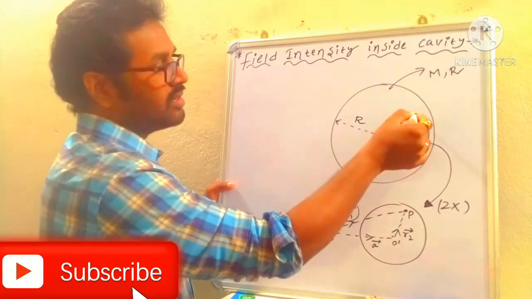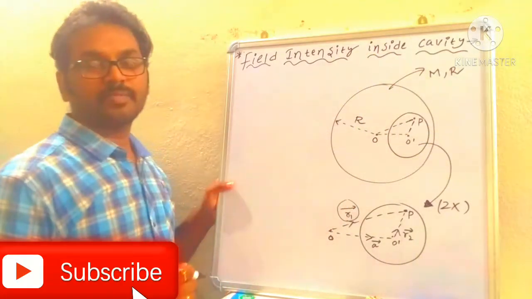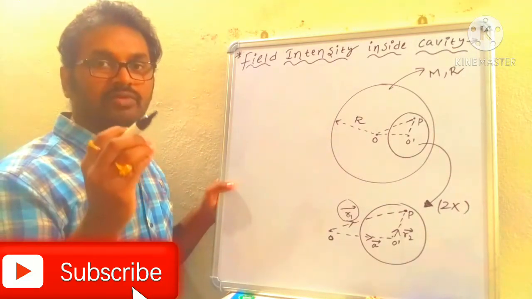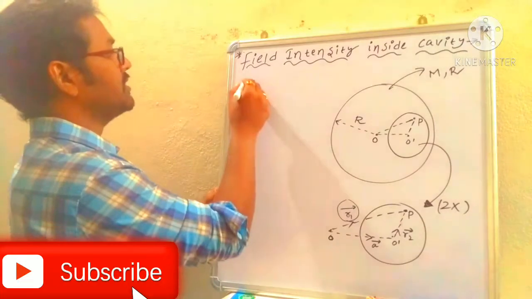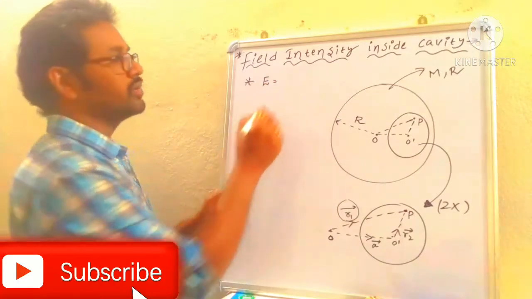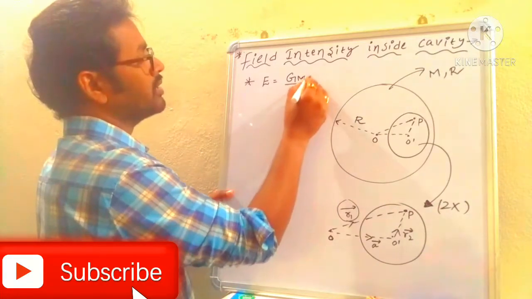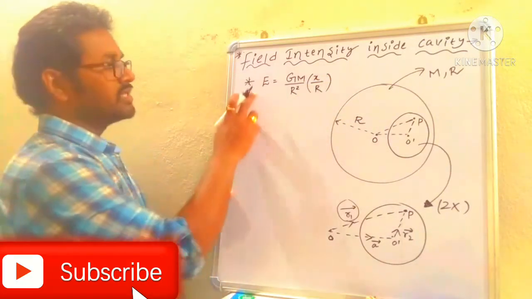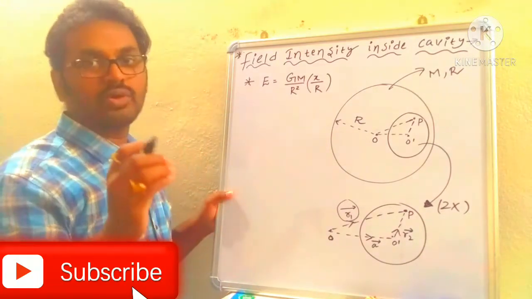Now this point comes as an inside point to this entire sphere. As you know how to find the gravitational field intensity for an inside point of a solid sphere, for the inside point I am writing the equation E is equal to GM by R square into x divided by R. This is the field intensity inside the solid sphere.